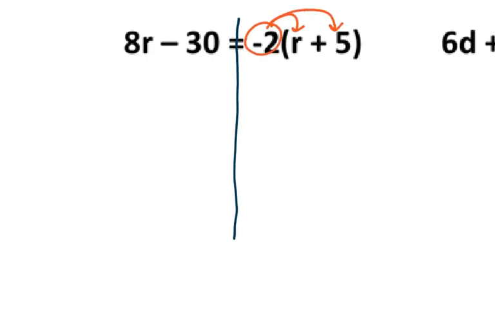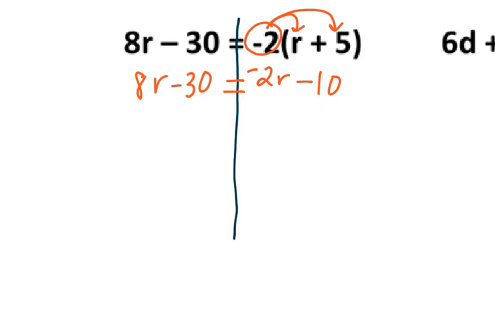So I'm going to take my negative 2 and distribute it to both terms. A negative 2 times r is negative 2r. A negative 2 times 5 is a negative 10. On the left, I have 8r minus 30, and I have an equal sign in the middle.